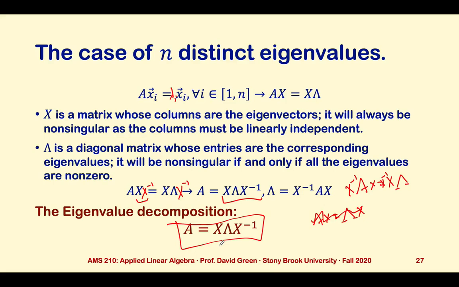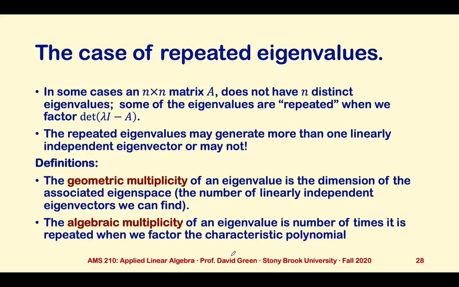It's a way of breaking up a matrix A into a product of other matrices that have special features. In this case, the special features are that X has to be non-singular and lambda has to be diagonal.